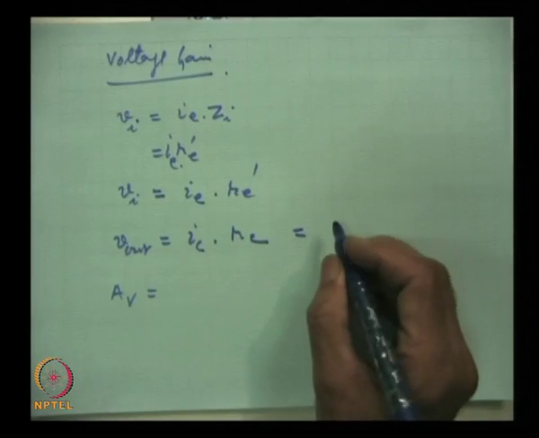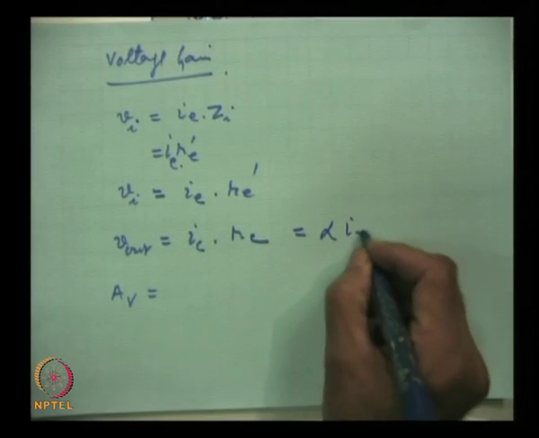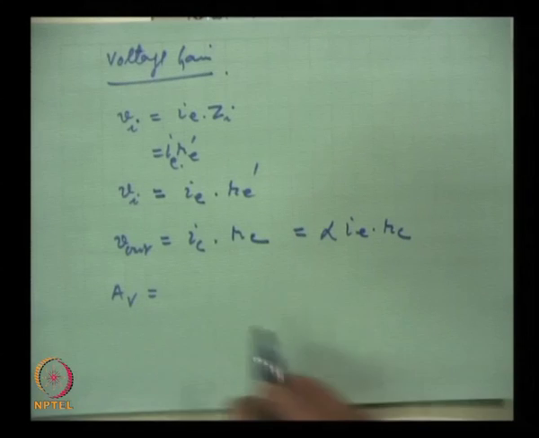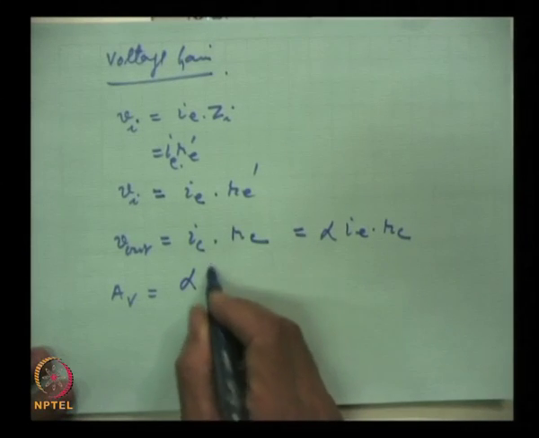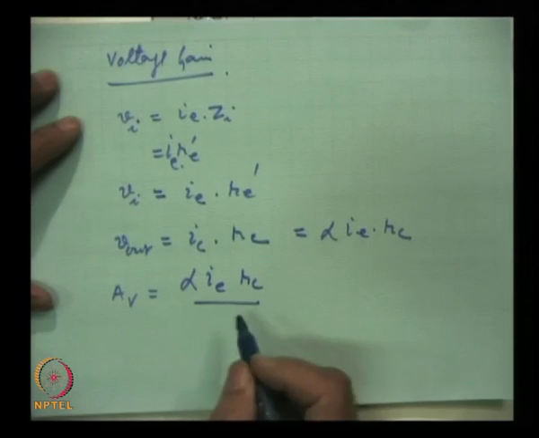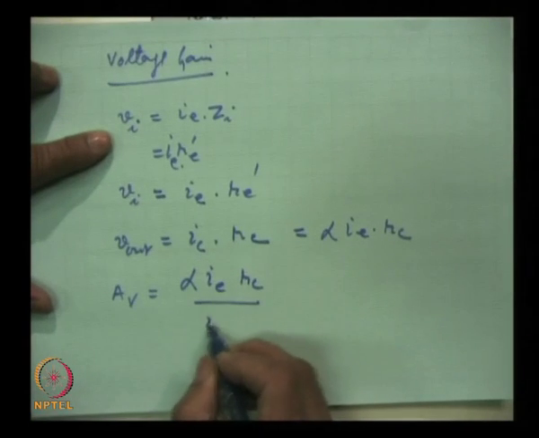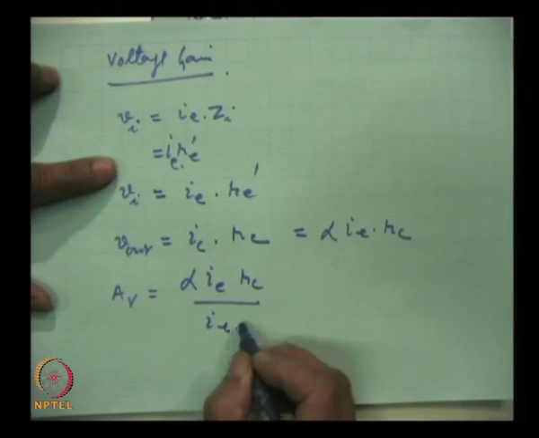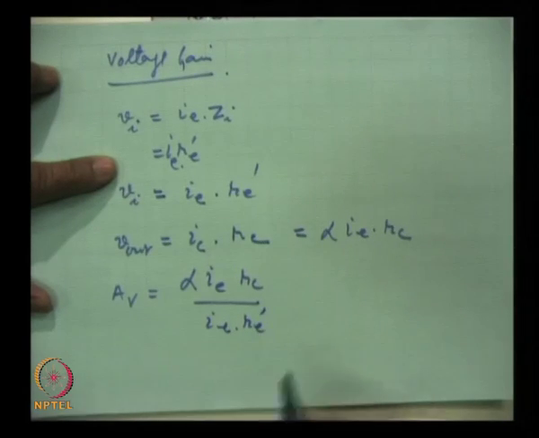So, this is alpha I E into R C divided by V I, that is I E into R E prime.